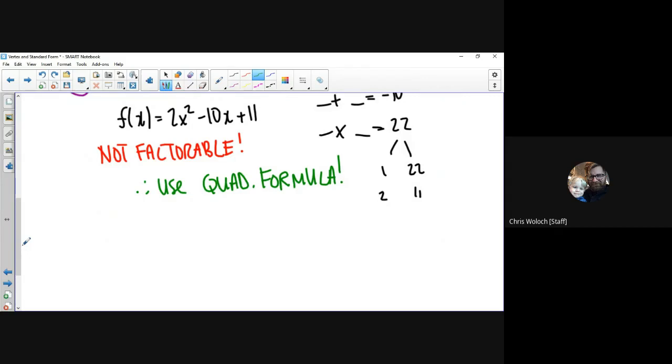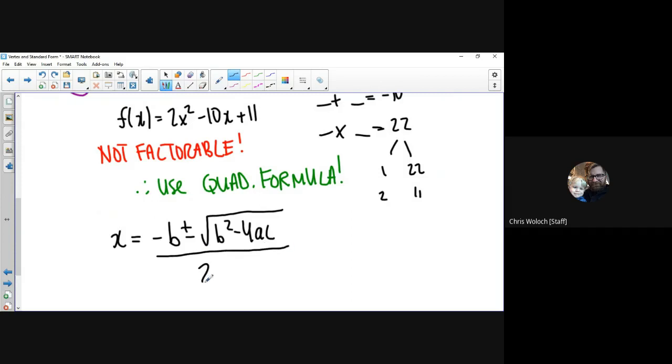If you ever have to use it, you have your notes available to you. You can figure out the formula. You just have to make sure you know how to use it. So x equals negative b plus or minus the square root of b squared minus 4ac, all over 2a.